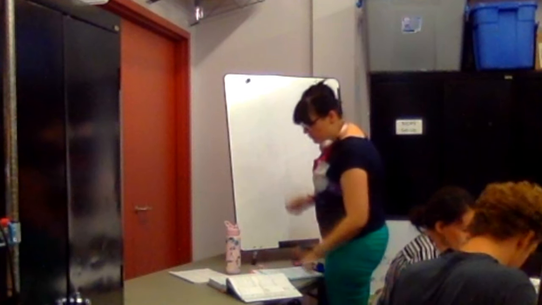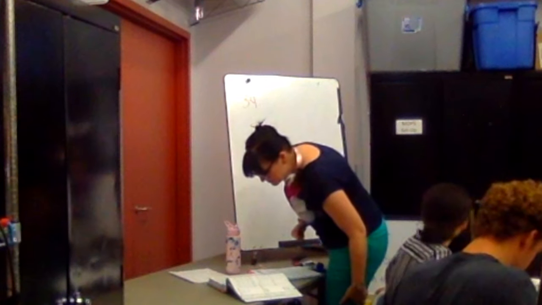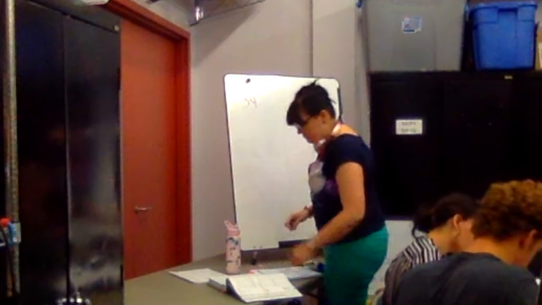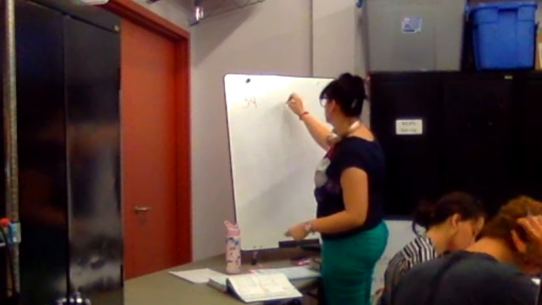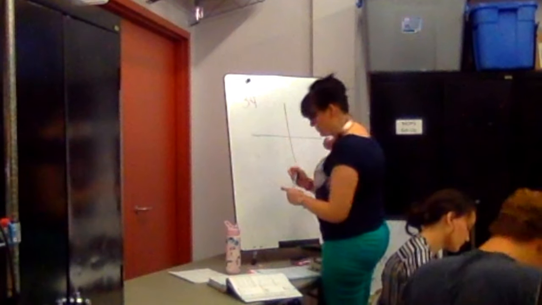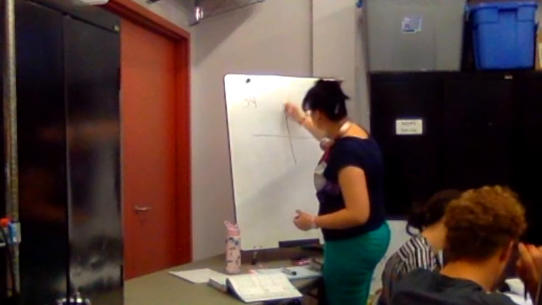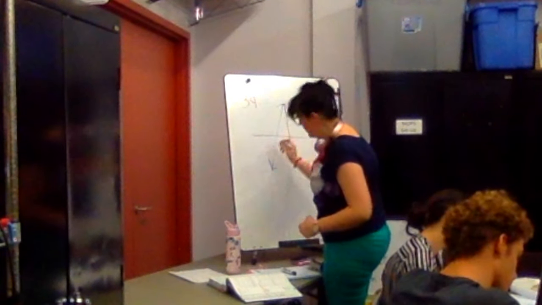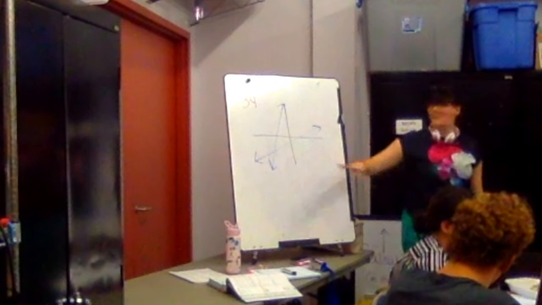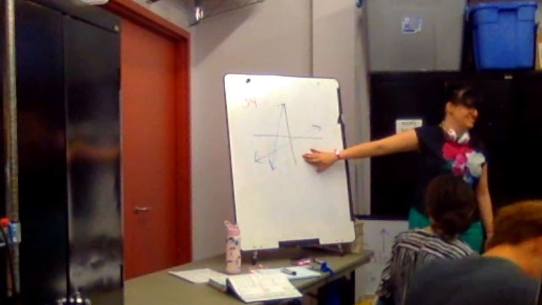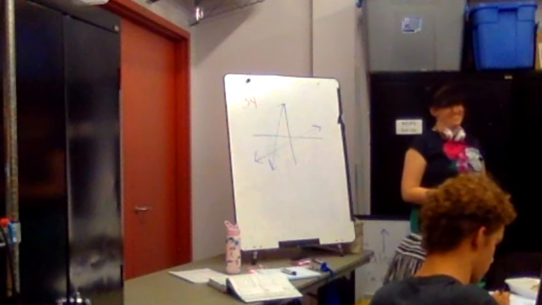I'm just going to rudimentarily copy this graph out because I expect this one to be fairly easy. The question asks, how many solutions does this system have? 1. Explain your reasoning.